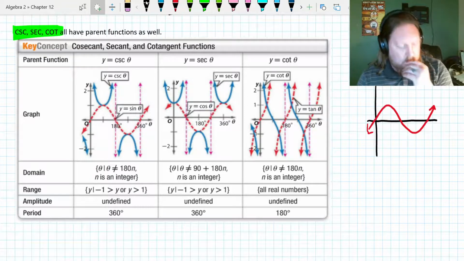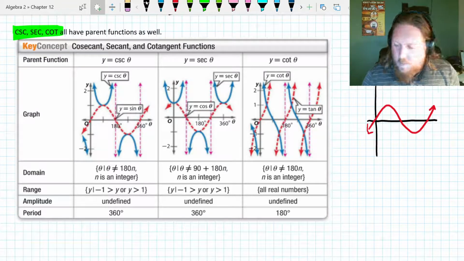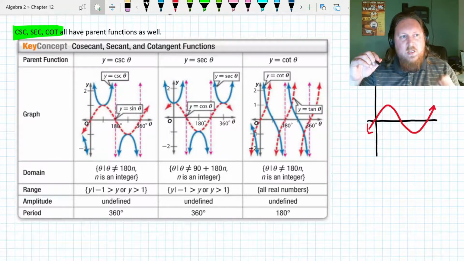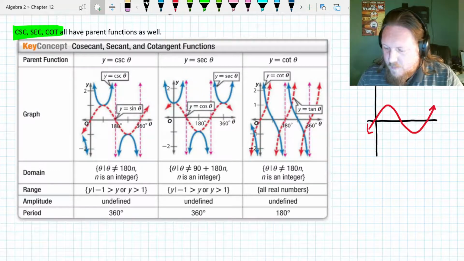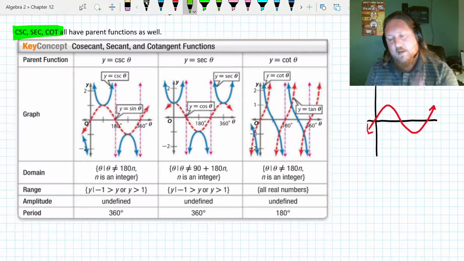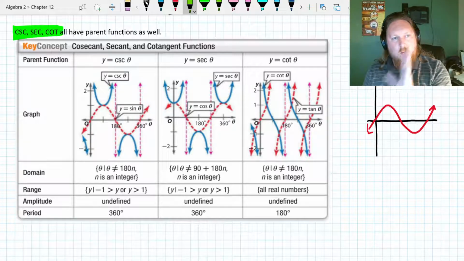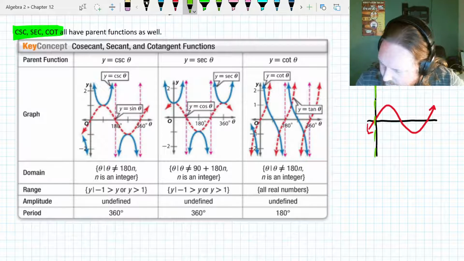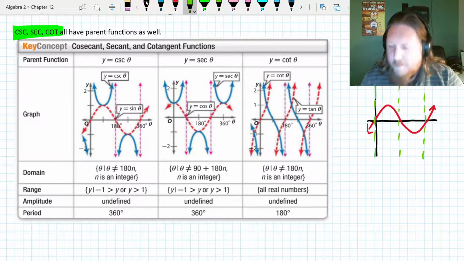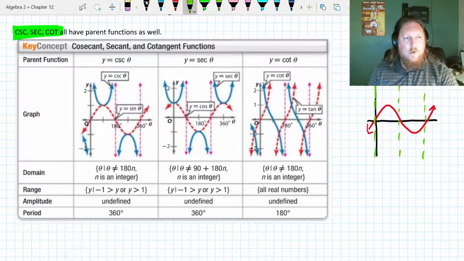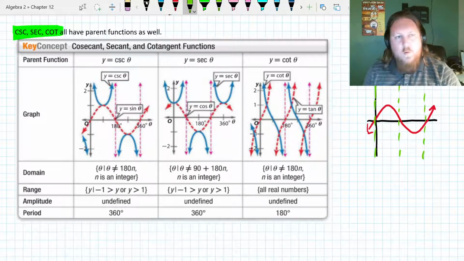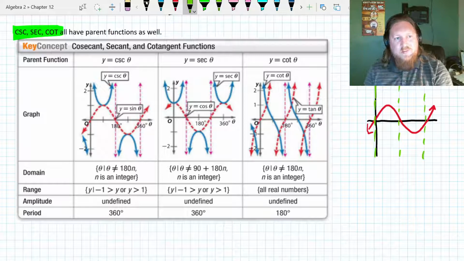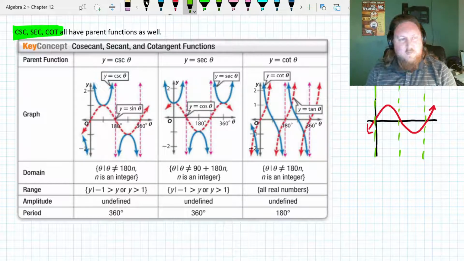Okay, makes sense. Now, the way you do the cosecant function is anywhere you see that sine function cross the theta axis, you draw an asymptote because you can't divide by 0. Once you've done that, you find the minimum and maximum points in the gaps.